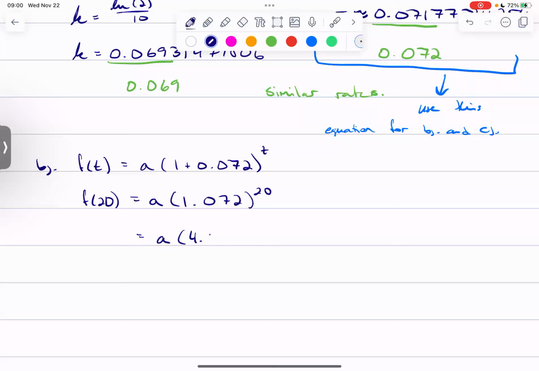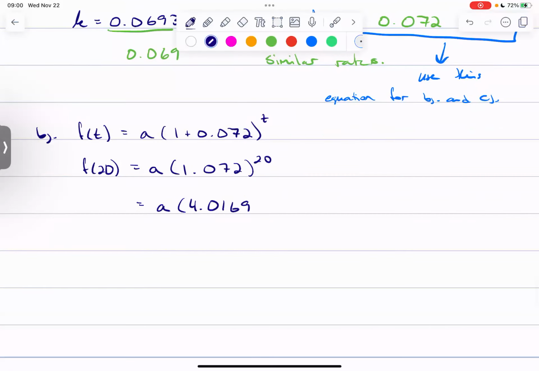A times 4.016943351. Shouldn't have used the rounded value. Why? That should just be 4, right? 4 times A. And so this is from using the rounded value.